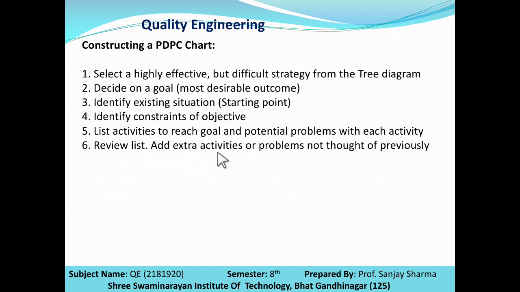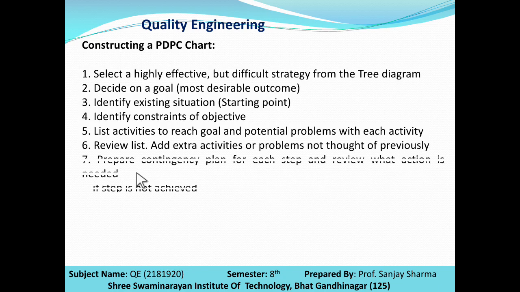Review the list. Add extra activities or problems not thought of previously. Prepare a contingency plan for each step and review what action is needed if a step is not achieved.